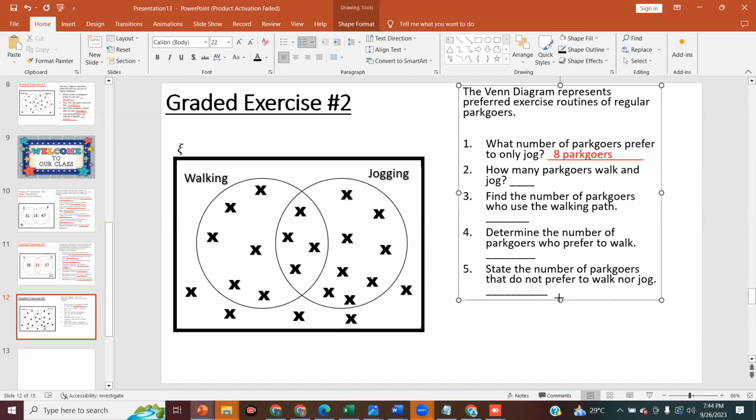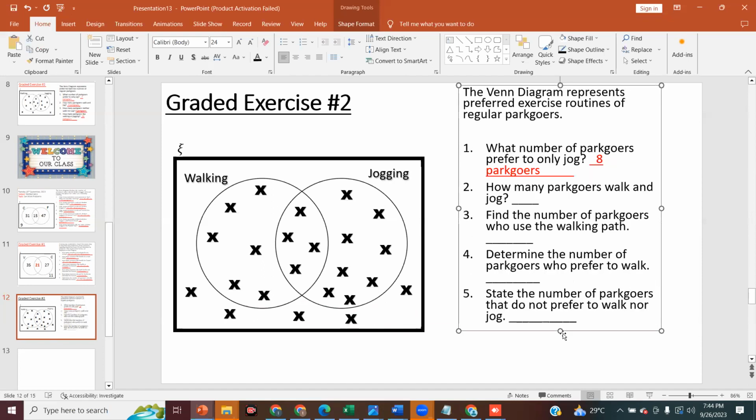All right, so just those 5. Once you are finished with this, take a picture of your work and send it to me via WhatsApp. Remember that each X symbolizes one person or one individual. All right.